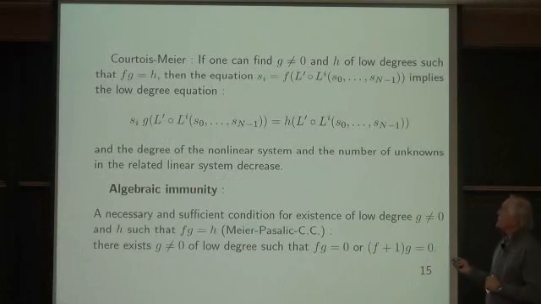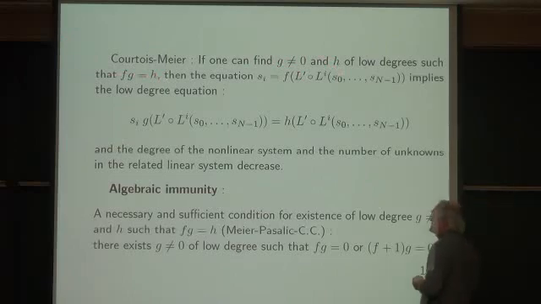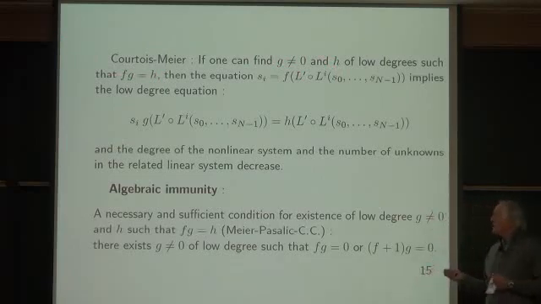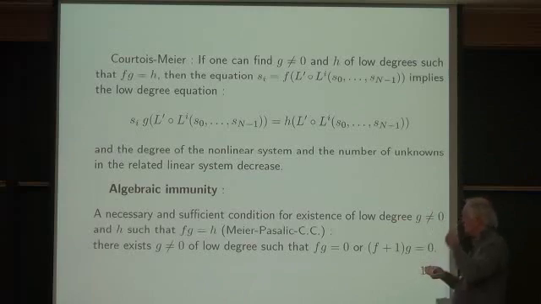So this is a new criterion of resistance. You need the function f not to admit any non-zero function g of low degree and h of low degree such that f times g is h. There has been a study on these conditions, at Eurocrypt 2004.